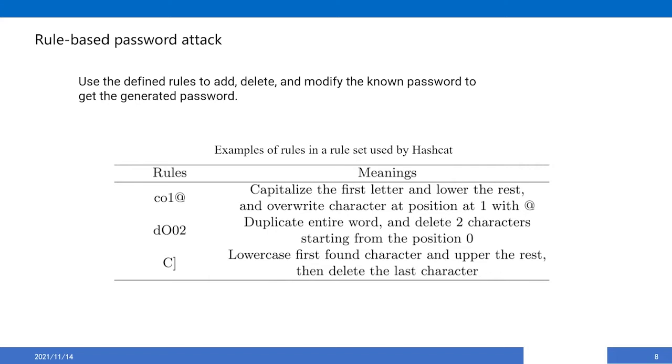These rules are usually expressed in the form of special symbols. For example, in Hashcat, c o1 @ means capitalize the first letter and lowercase the rest, and overwrite the character at position 1 with @.